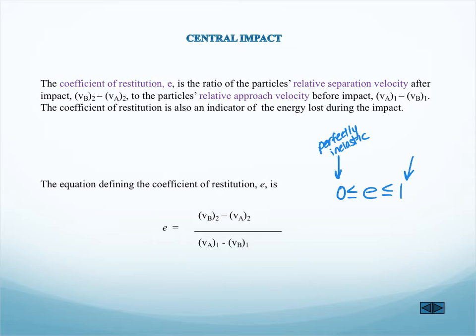And when the coefficient of restitution is equal to 1, we have a perfectly elastic collision. In general physics, we recognize that in those situations, the kinetic energy was conserved.